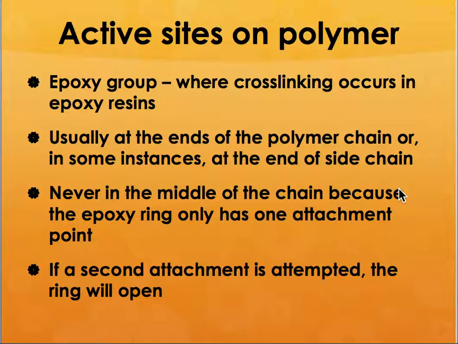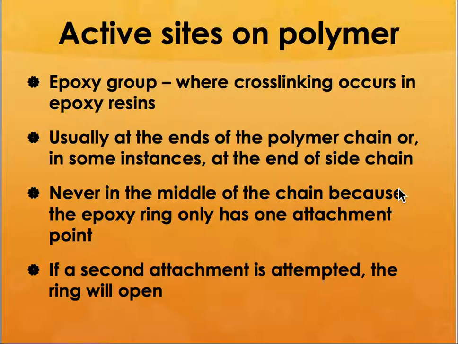Coming to the actual reaction itself, the epoxy group is where the cross-linking occurs in epoxy resins. And it is usually at the ends of the polymer chain, or in some cases, it is at the end of the side chain. It is never in the middle of the chain because the epoxy ring only has one attachment point.